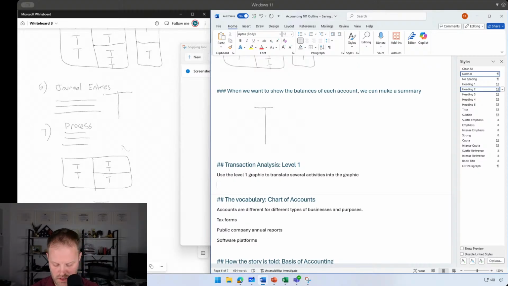So level 1 is basic accounts, no timing differences.